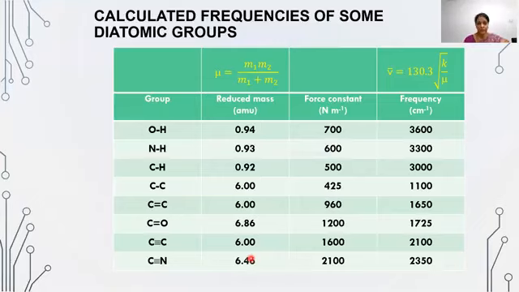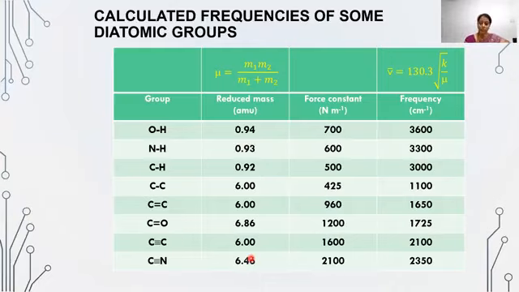In this slide, there are several functional groups and the value of vibrational frequency on the basis of their reduced mass and force constant. The value of force constant increases from single bond to double bond to triple bond.